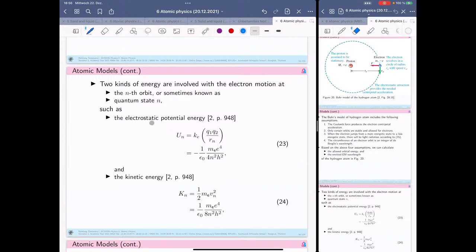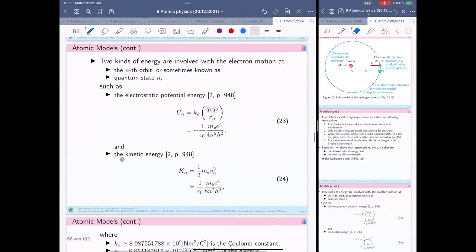The first one is electrostatic, from the Coulomb formula. It's a force caused by two charges. The second one is the kinetic energy, because the electron is moving, so it's one over two m_e, the mass of the electron, and e is the electron charge.